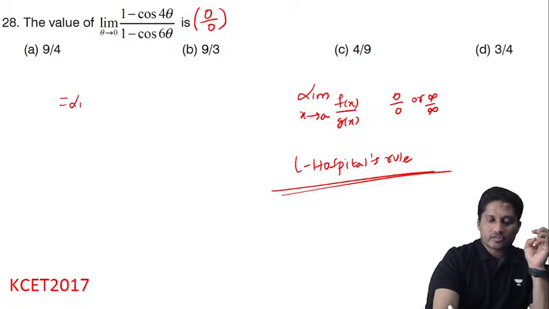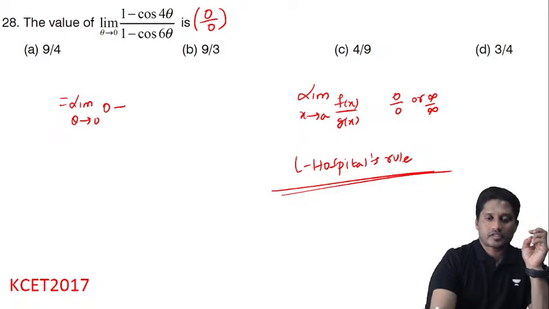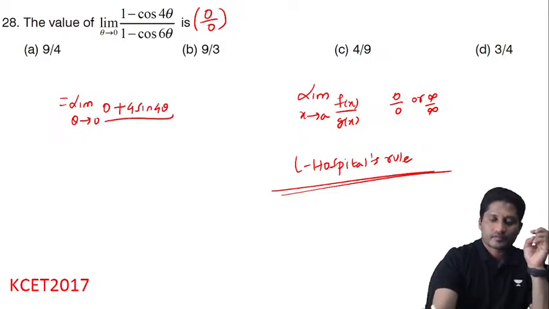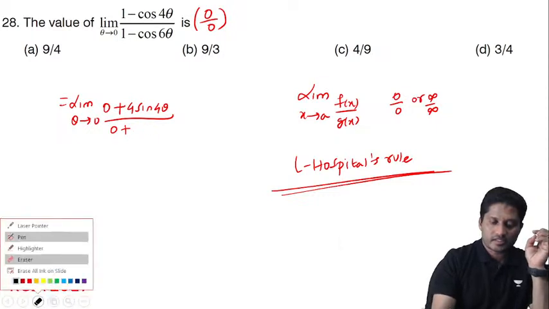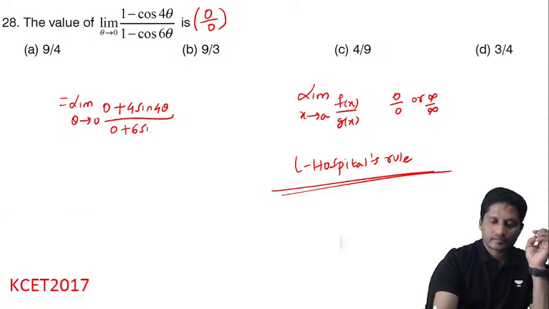So limit theta tends to 0. Differentiation of 1 is 0. Differentiation of cos is minus sine. Minus of minus is plus 4 sine 4 theta. Again this is 0 plus 6 sine 6 theta, sorry, 6 sine 6 theta. Okay, again this is 0 by 0 form.